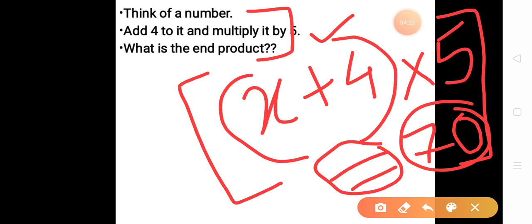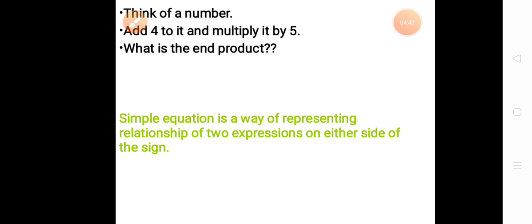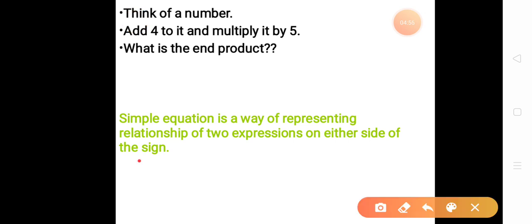And one more thing, when you have placed the equal sign, you have got 2 sides. One is your left hand side, which is going to be this one for this particular expression, and another one this. Alright, so in general, a simple equation can be defined as a way of representing the relationship of 2 expressions on either side of the sign, and by sign I mean the equal sign.